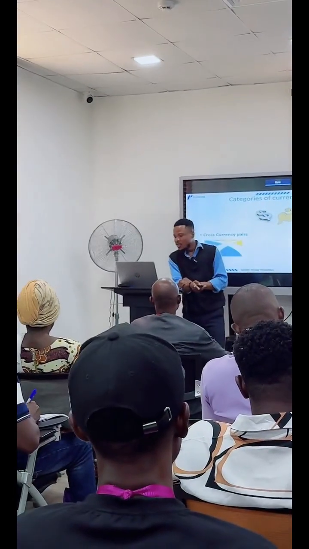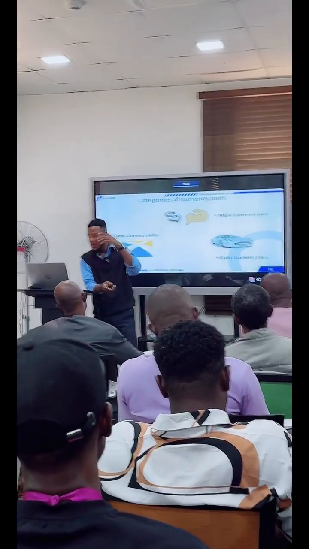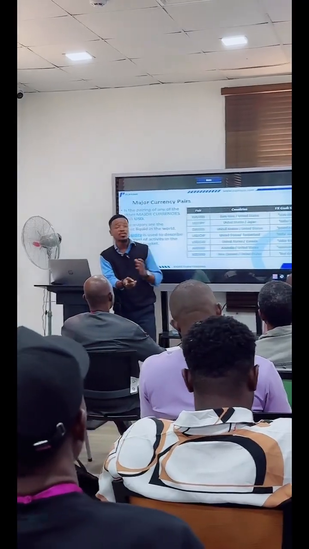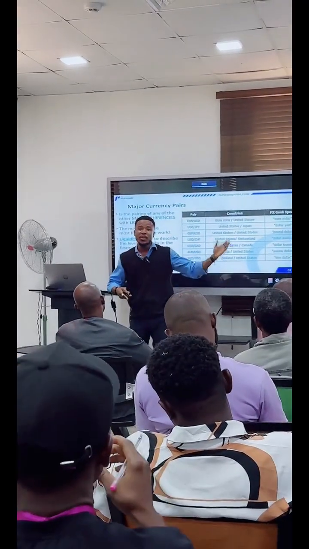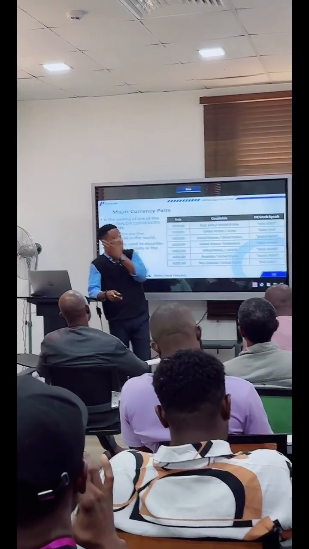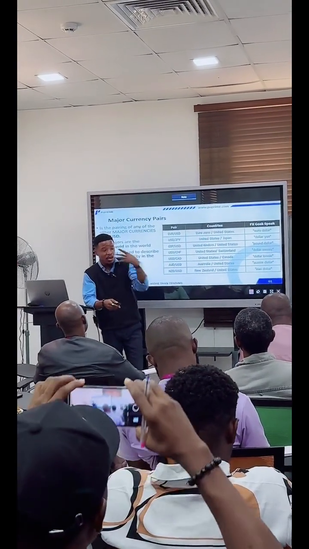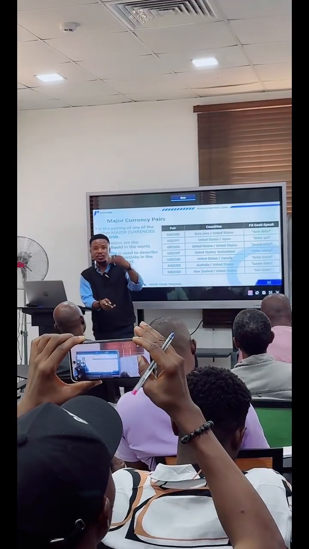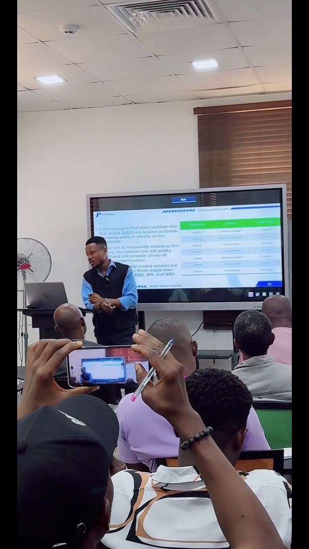Are we all together? So these are the three types of currencies we have: major, cross, and exotic currencies. Now, what are major currencies? It includes pairing the other currencies with the United States dollar, like the euro USD and the rest. Like I said, we're going to go deeply into this in the next classes, where you learn how to pick trades yourself. But we're going to pick a trade in this class as well.